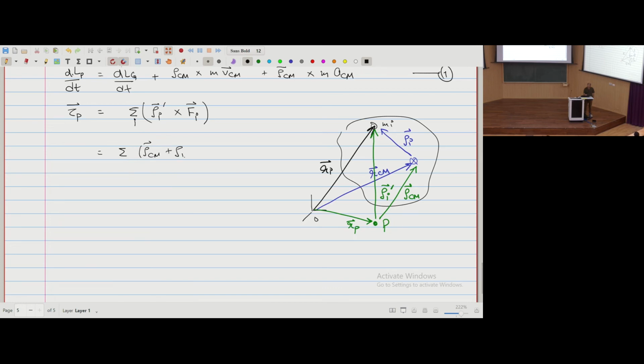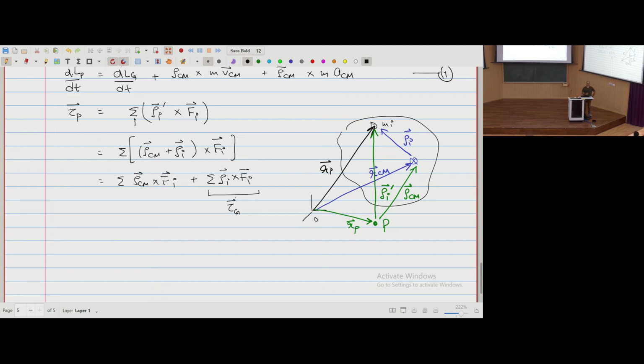Again the same thing, we will want to work with from center of mass to the mass, ith mass. What is the second term here? Right?